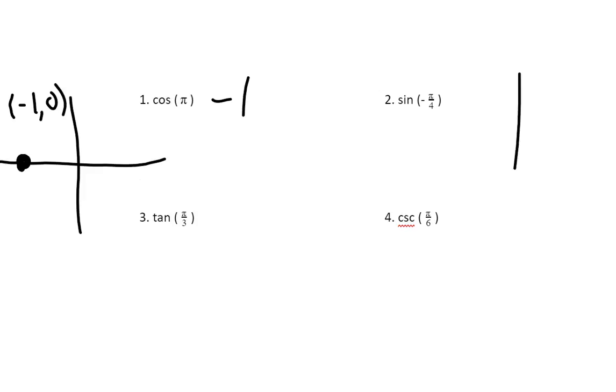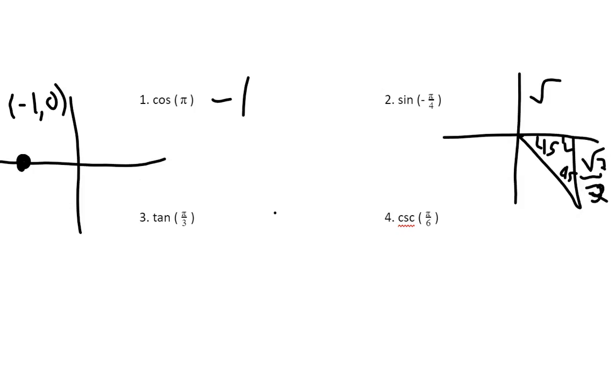Sine of negative pi over 4. Pi over 4 is equal to 180 divided by 4, which is a 45 degree angle. So a negative 45 degree angle is going to look like this. I'll know that's 45 and 45, got my 90. On each side I have root 2 over 2 and root 2 over 2, and my radius is a 1.